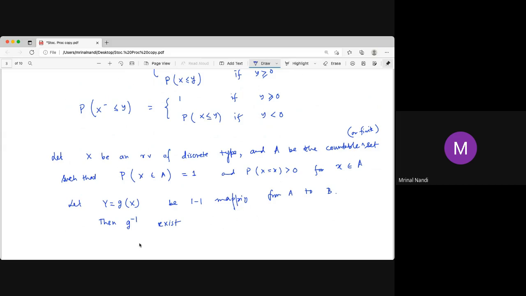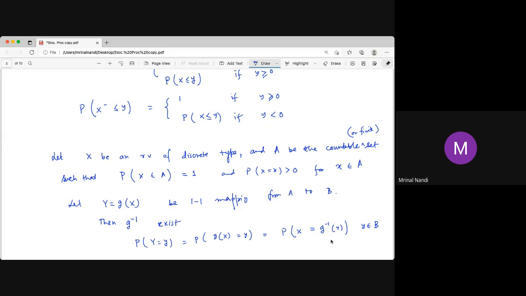Now, how do you find the probability of Y equal to y for the discrete case? It is just the probability of g(X) equal to y, and that is the probability of X equal to g inverse of y. Here, since the inverse function exists, g inverse of y is a single real number.